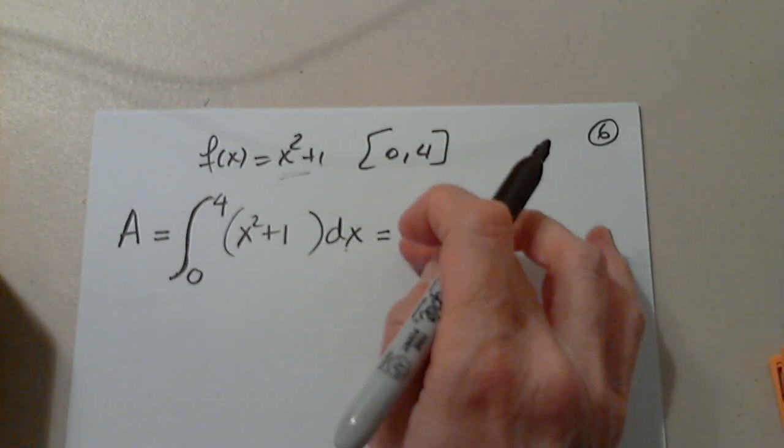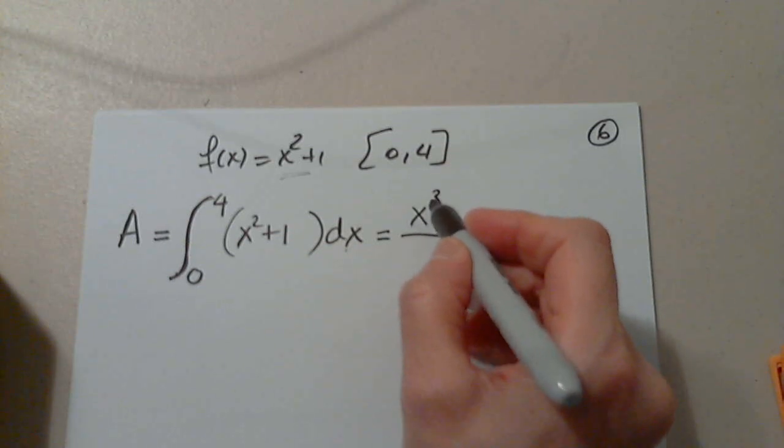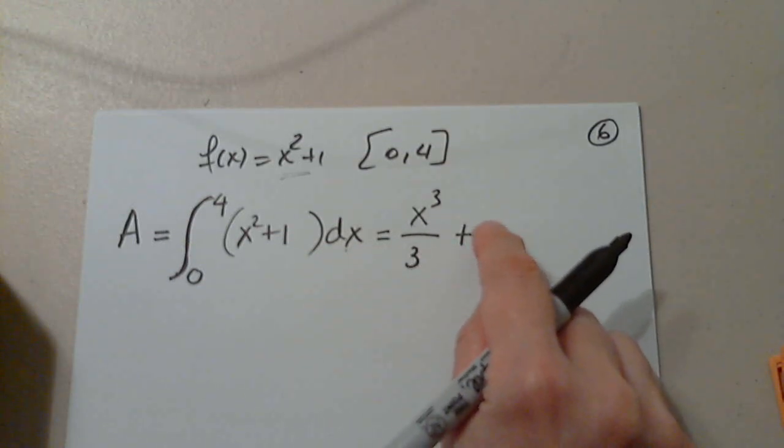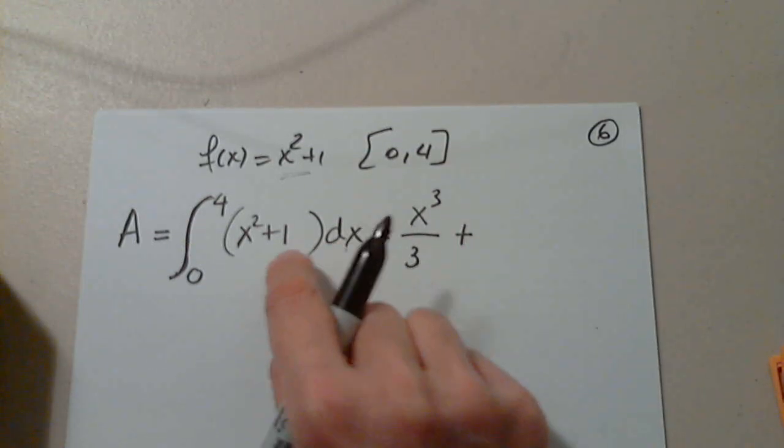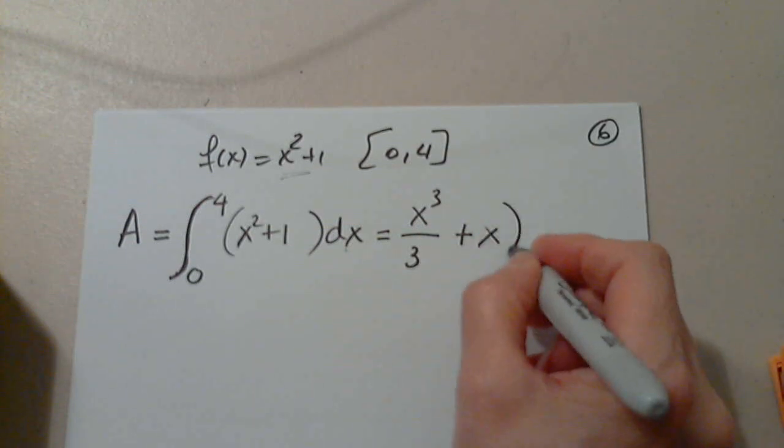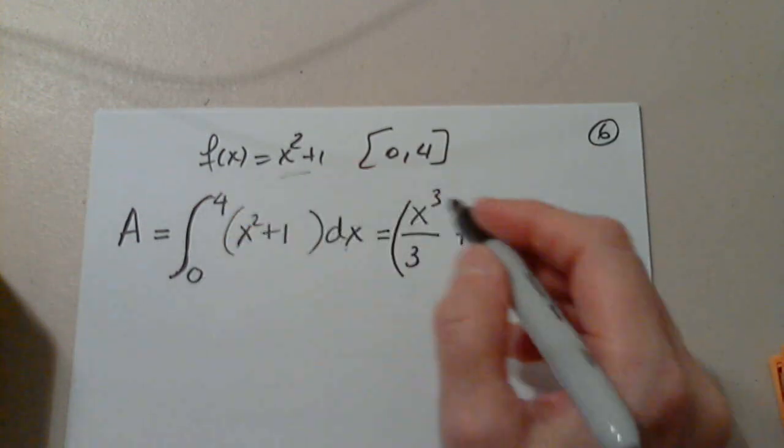Which function do we differentiate? x cubed over 3. Excellent. Which function do I differentiate to get 1? x, excellent. Close everything, from 0 to 4.